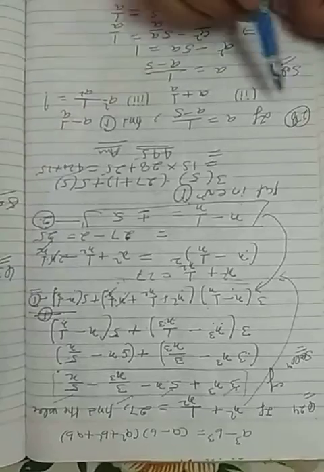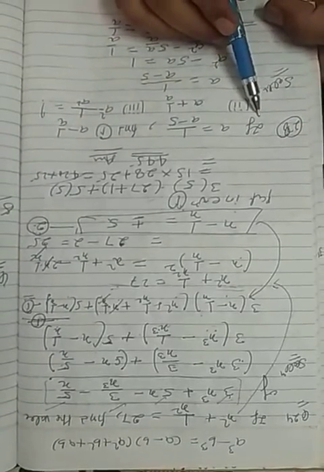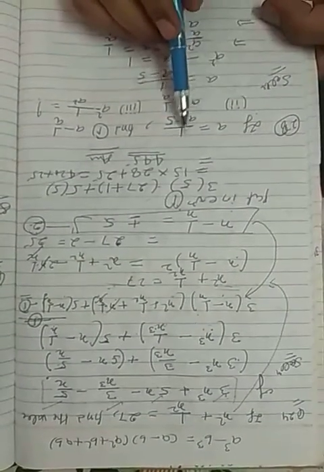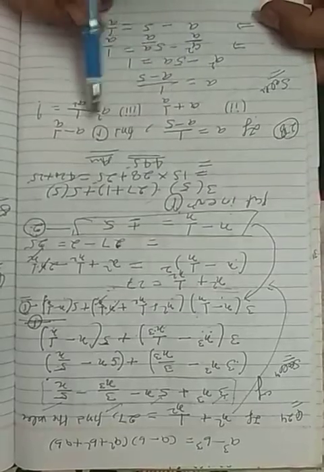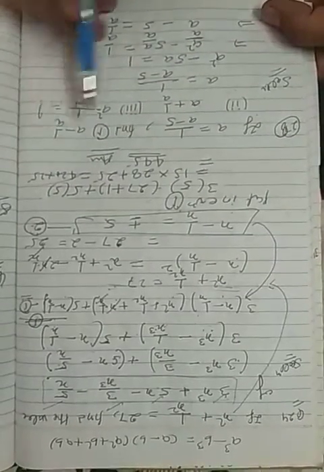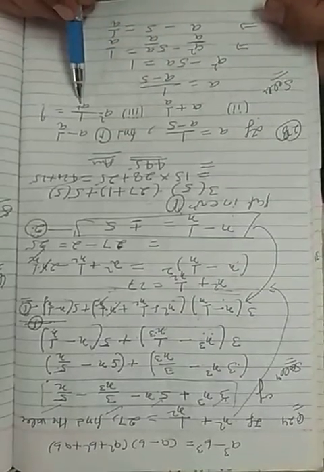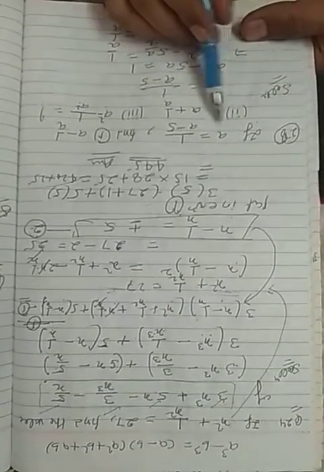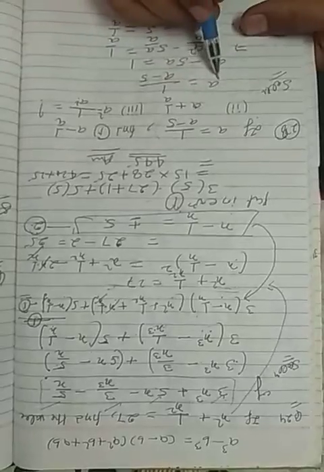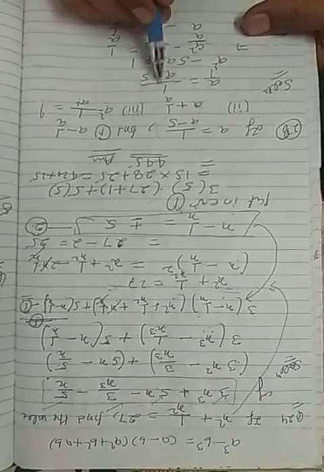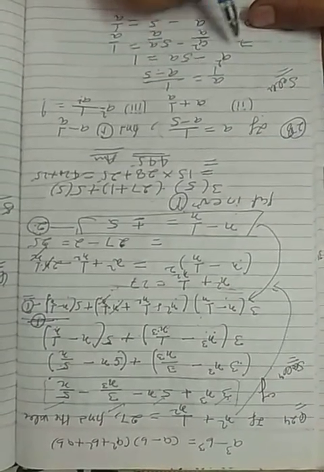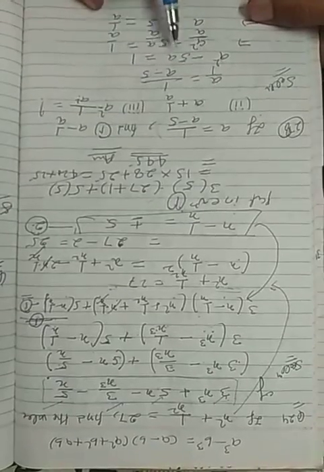Now you see question number 28. If a equal to 1 upon a minus 5, then find the value of first part, a minus 1 upon a, plus second part, a plus 1 upon a, and third part, a square minus 1 upon a square. For that we see it is given that a equal to 1 upon a minus 5. After cross multiply, a square minus 5 equal to 1.